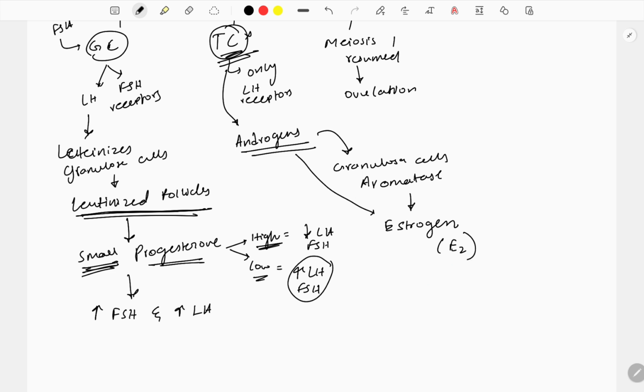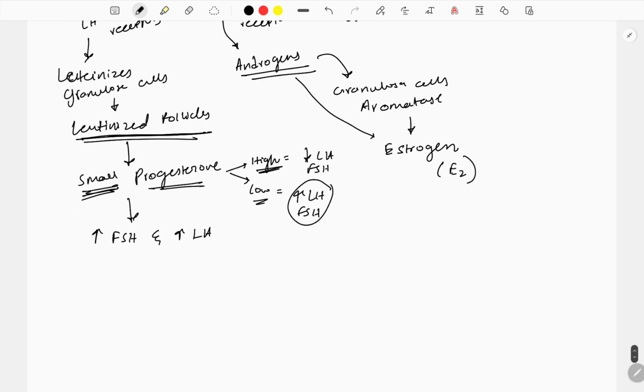It is not the same as E1, because generally androgens, if they act on granulosa cells, with the help of the aromatase enzyme, get converted into E2.